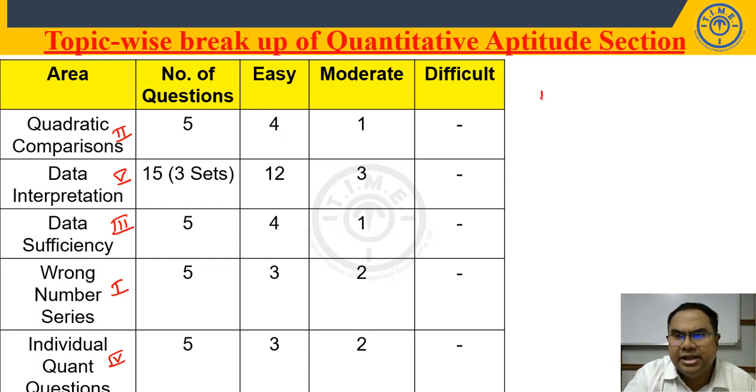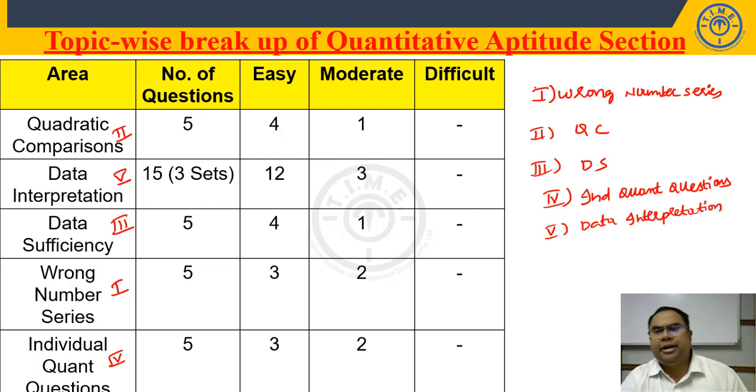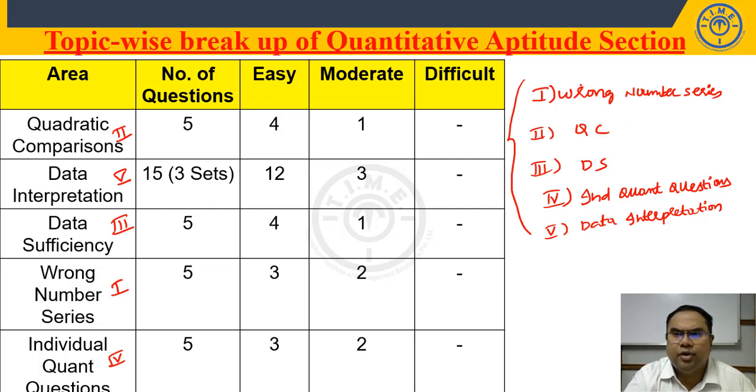So start with series questions, wrong number series, then quadratic comparisons, then data sufficiency, then individual quant questions, then data interpretation. This is the order. When we were discussing the paper, we tried to solve in the order given in the paper, but when you are attempting the paper, this is the order you should follow.